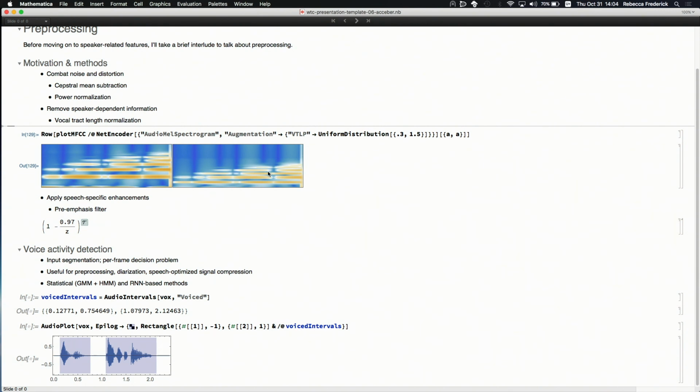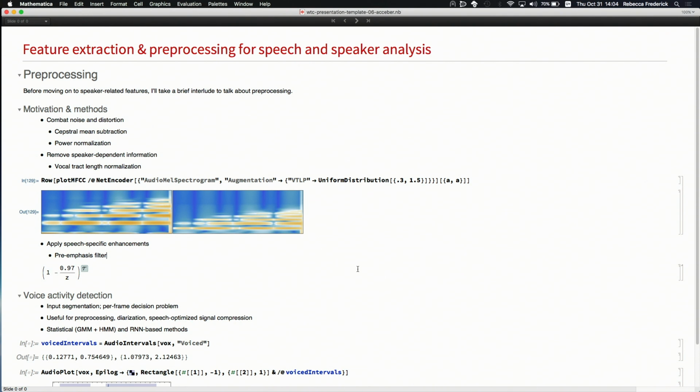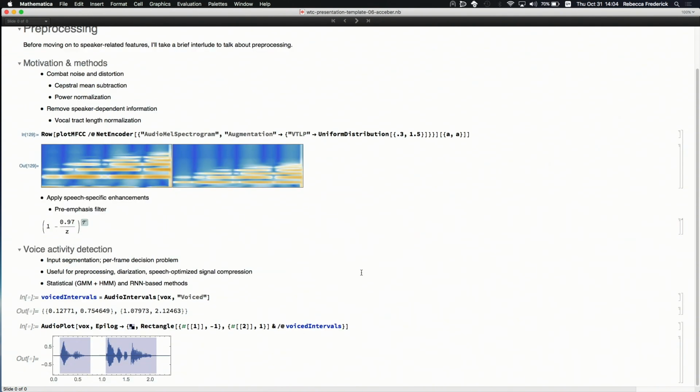We can also normalize the mean and variance of the cepstrum with respect to either a single example or an entire data set. We can also normalize the amplitude of the input. It's also helpful to remove speaker-dependent information like the pitch. For example, we can apply vocal tract length normalization. Basically, we scale the frequency axis.